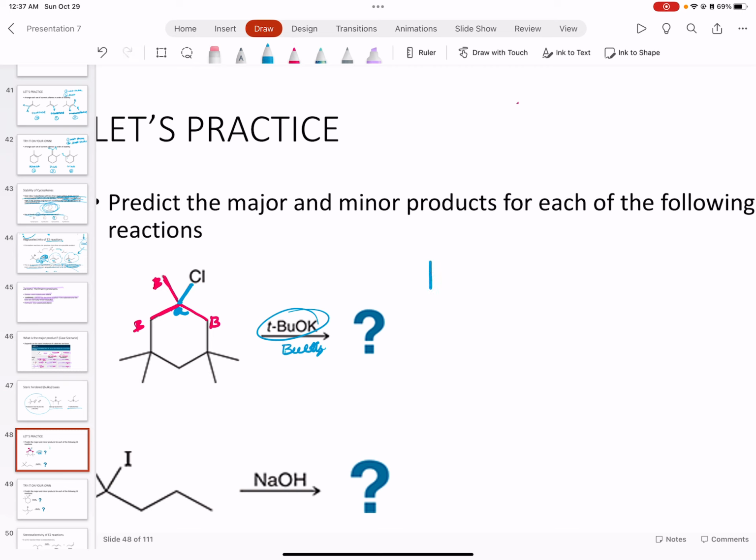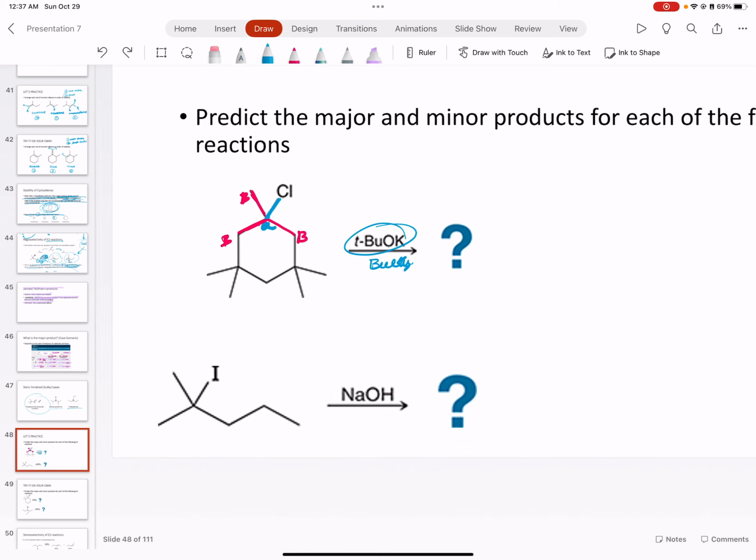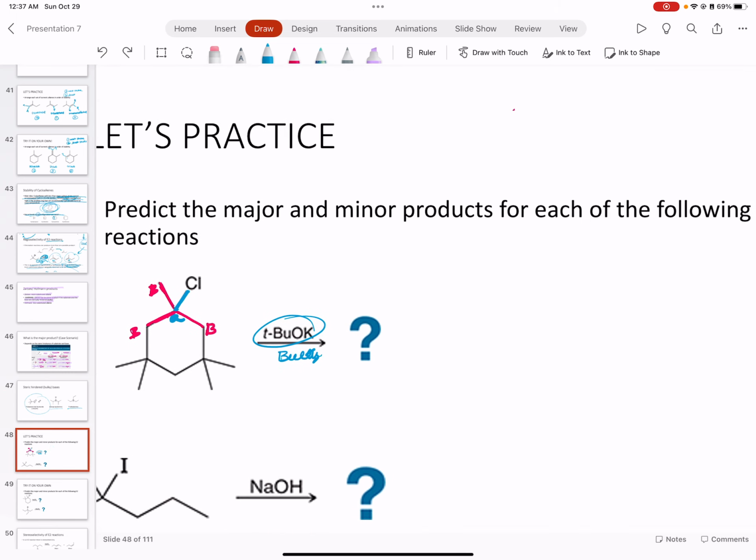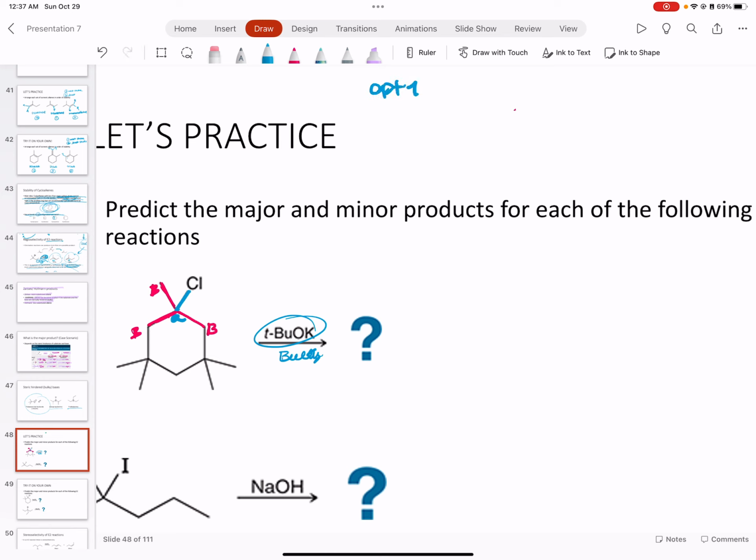So then let's see. The bad thing is that there's not that much space, sadly. So I'm gonna try my best. Okay. So then option 1. Okay, this thing is here, chlorine. Okay.